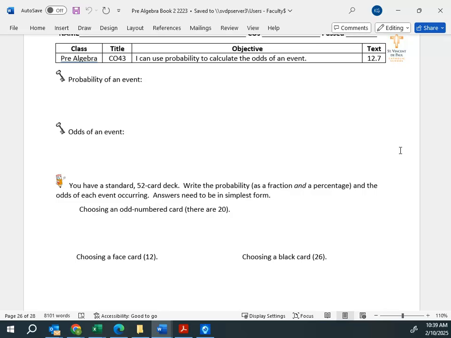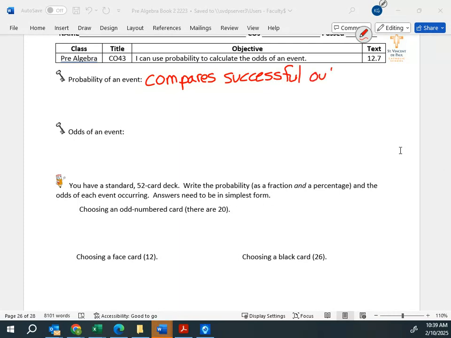There's going to be a difference when we come to the odds, and it's important that we recognize and see that difference. So I need us paying attention. Probability of an event compares successful outcomes to total outcomes.